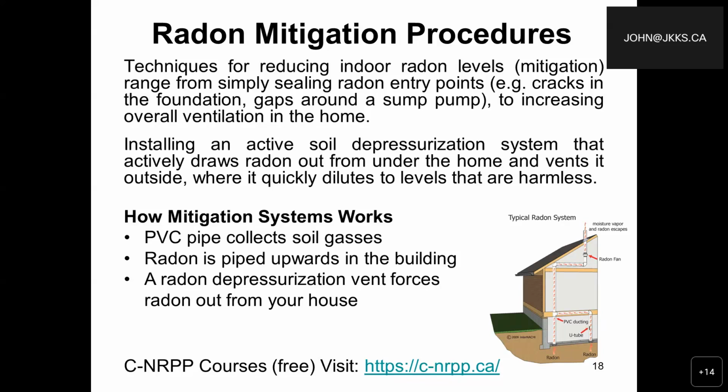The PVC pipe collects the gases, it's piped upwards, it's depressurized, and the venting forces the radon out of the house. That's what you would need to do if you're in one of those areas where it is a serious concern.